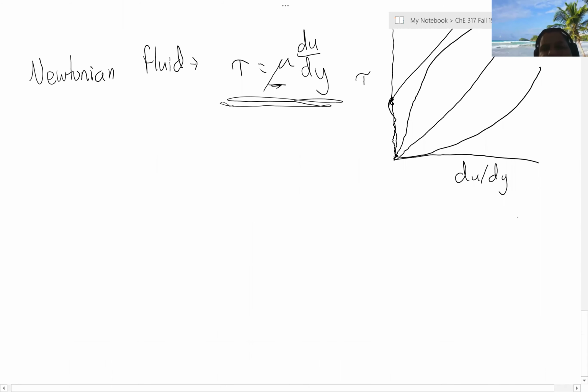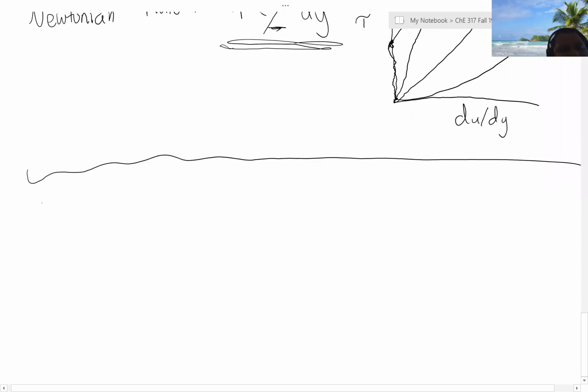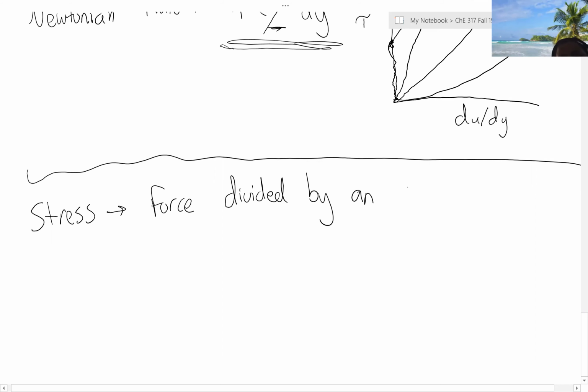All right. Now that we've got through that, one other thing I want to touch base on is a discussion a little bit more on stress. Now, stress is a force divided by an area upon which it acts.